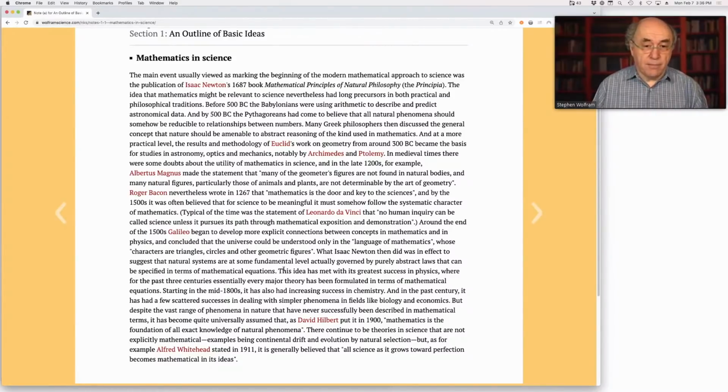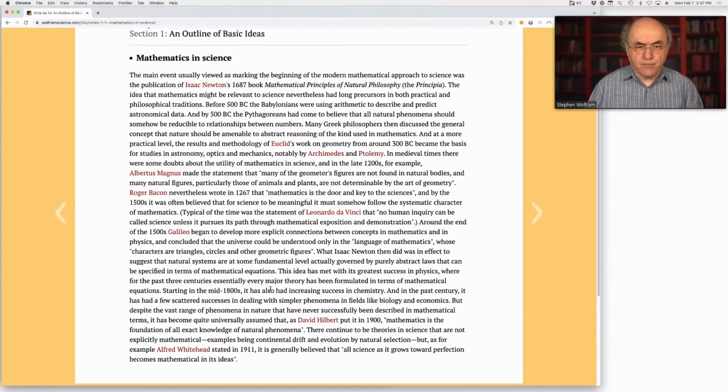I talk here about how in the period after Newton, for a long time, there was great success as progress was made, particularly in physics and so on. The mathematical approach to science had limited success in areas like biology and economics.